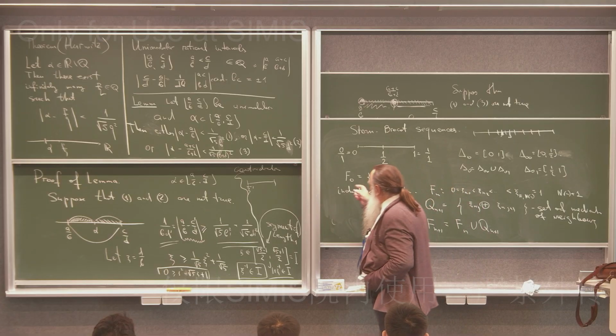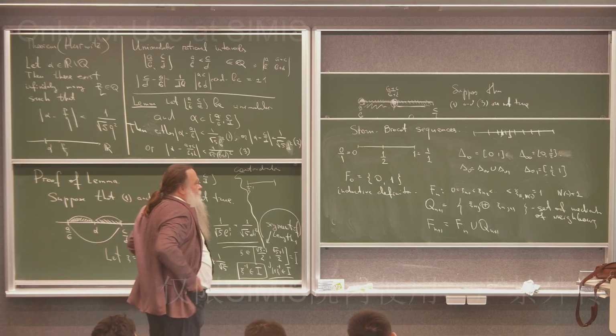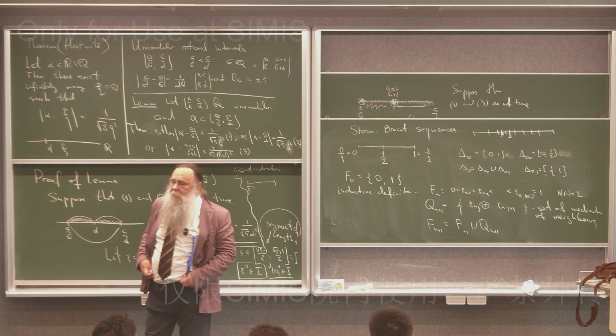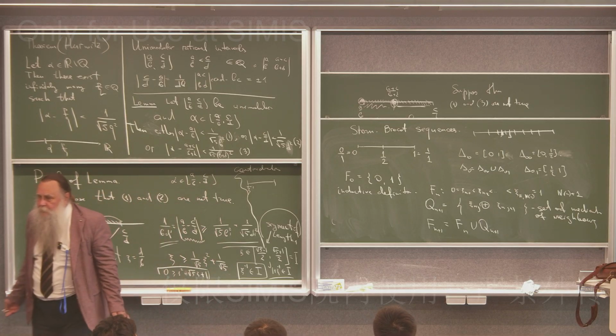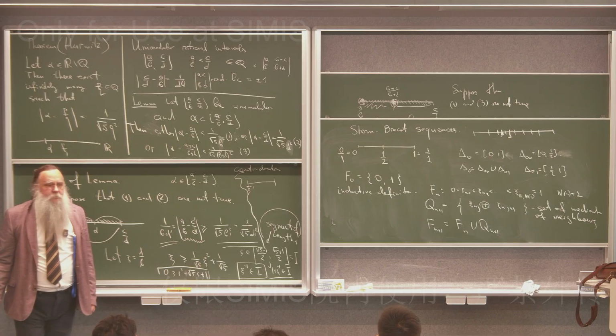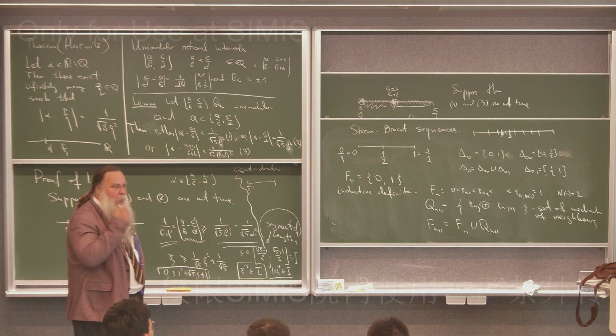So I explained what the 0 sequence is, and I defined inductively, having the sequence of order n, the next sequence of order n plus 1. So these are Stern-Brocot sequences.